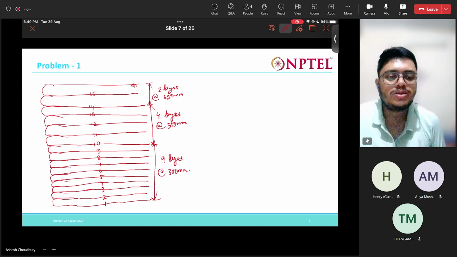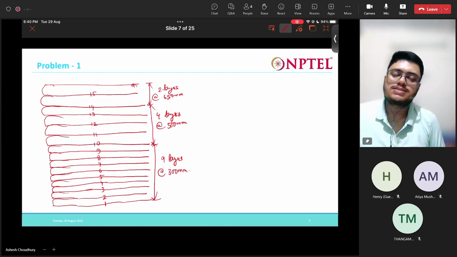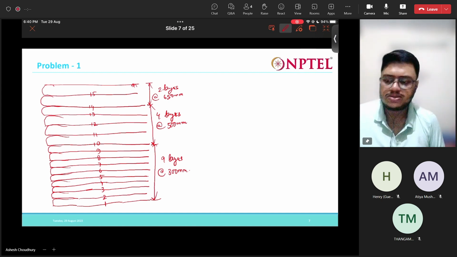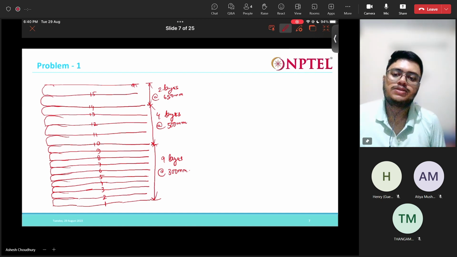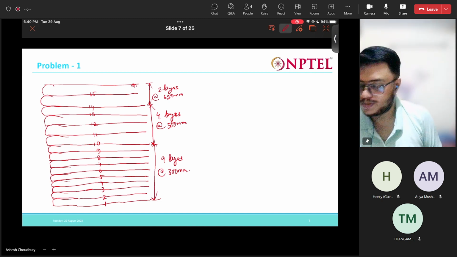Now what we will be doing is utilizing this pull out criteria to determine the length. Okay, we will be using the pull out criteria to determine the length of the reinforcement.